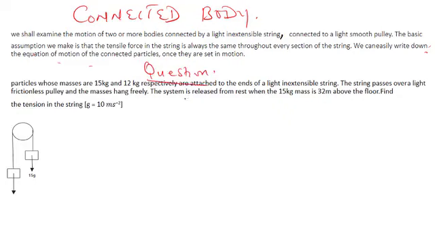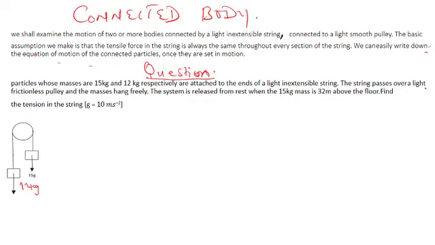This is the nature of the connected bodies and the string. The question says particles whose masses are 15 kilogram and 12 kilogram respectively are attached to the ends of a light inextensible string.